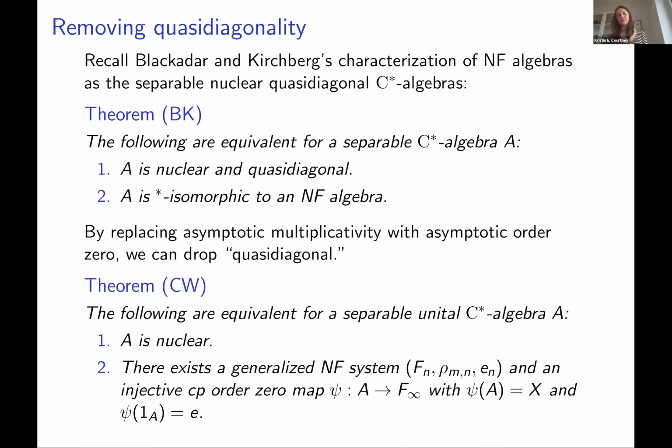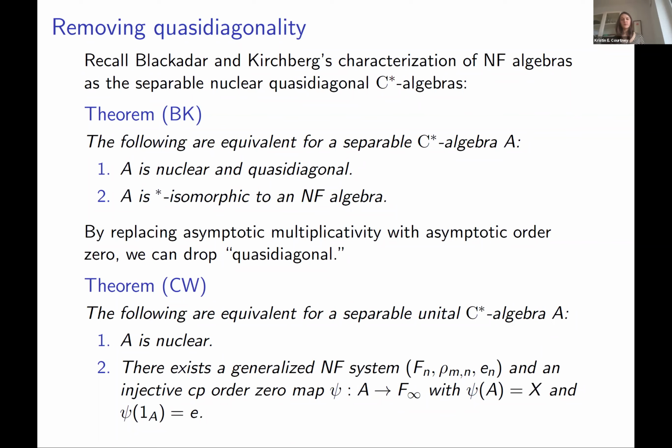A separable unital C-star algebra A is nuclear if and only if there exists a generalized NF system and an injective CP order 0 map, which remember is a complete order isomorphism, from A into the sequence algebra F infinity that sends A to X and sends the unit of A to E. So you should think of this as the CPC order 0 analog to a star isomorphism.